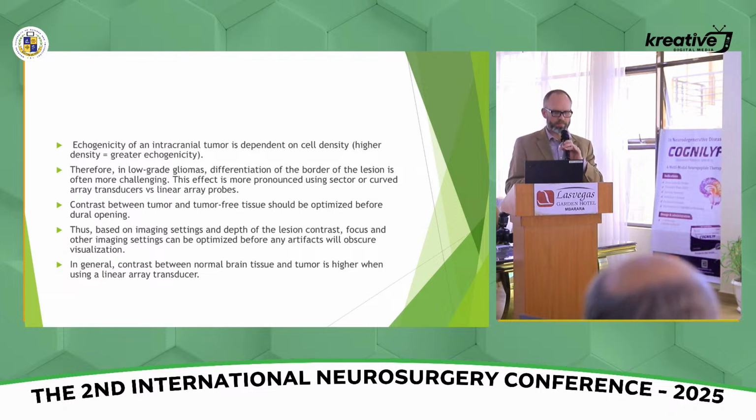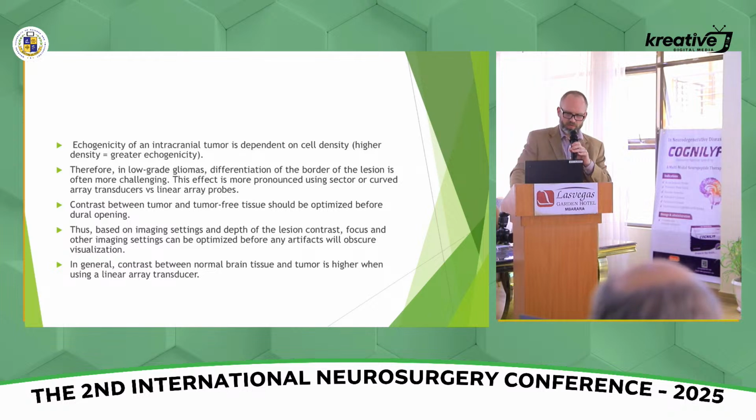But low-grade diffuse gliomas can be quite challenging, and the border of the lesion can be difficult to detect, especially if you use a sector probe, which means that phased array probe we talked about, or a curved transducer. So it works better to use a linear probe if you're doing a darker lesion, and a higher frequency to get better resolution. Okay.